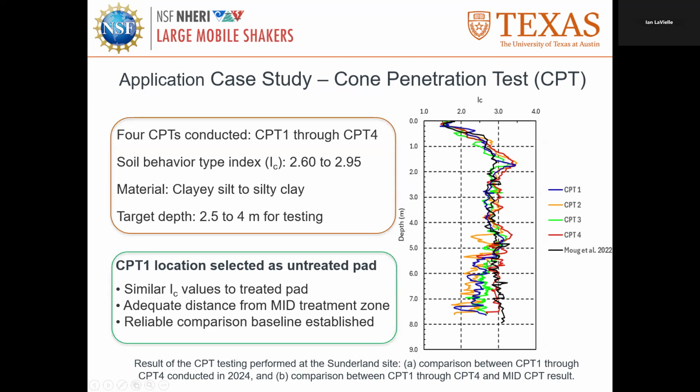The I sub C is 2.6 to 2.95, related still to the silted clay. CPT 1 is the most similar, and it's also closest to Mogaro's published data. So we selected the CPT1 location at the natural pad, and another reason is it's far from the MID treated location, so it's going to be less influenced by the MID treatment.